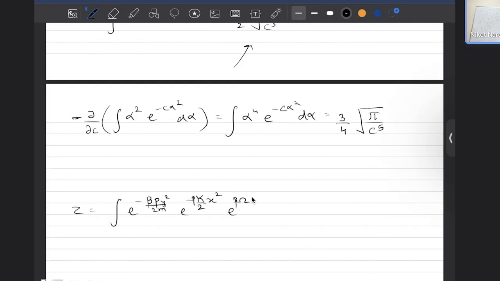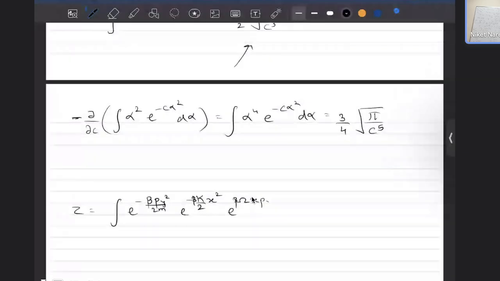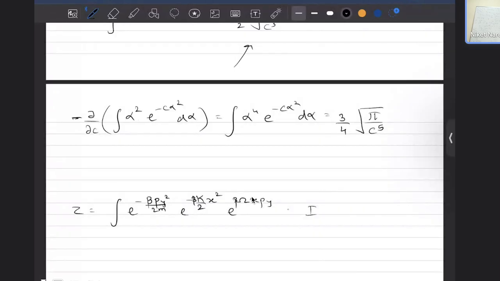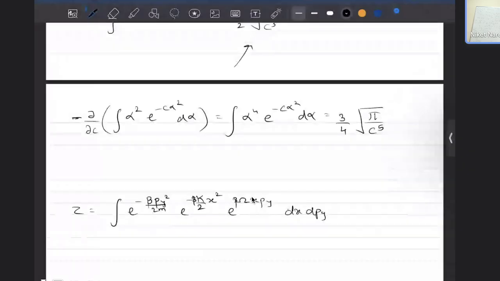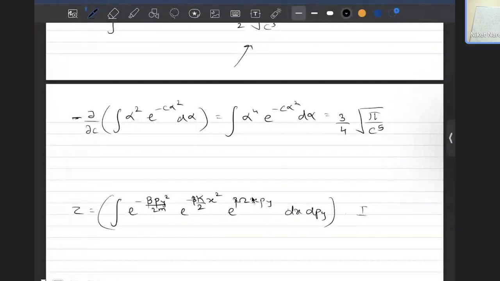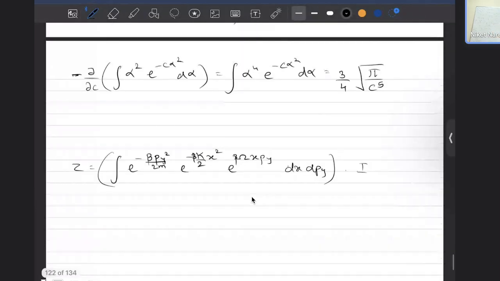There is a beta here also, beta omega x py, and there is a minus ypx which I don't care about. That multiplied by I, dx dpy into I. This is my z, right? So let's evaluate this.